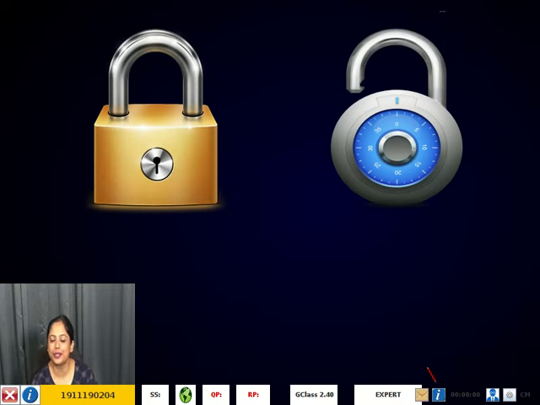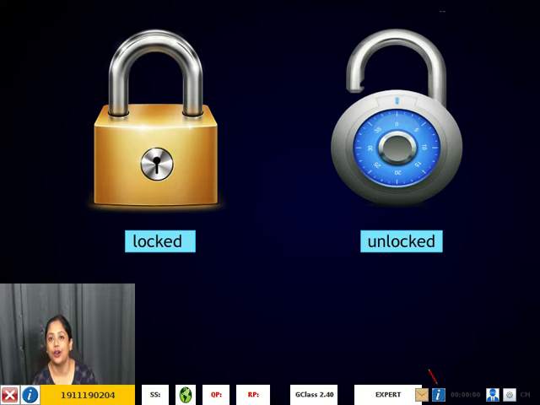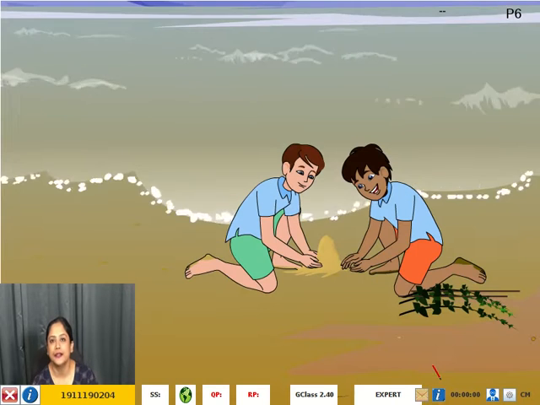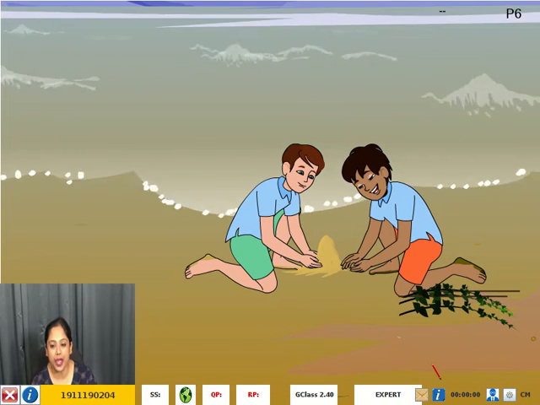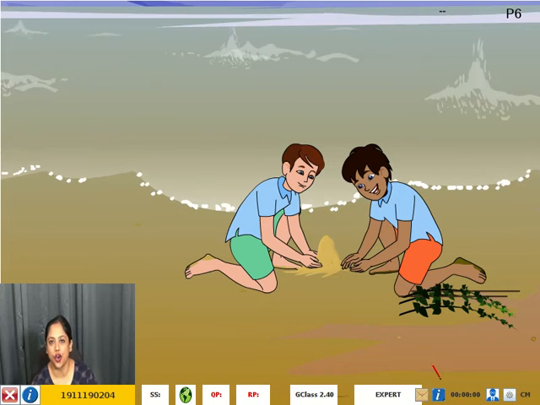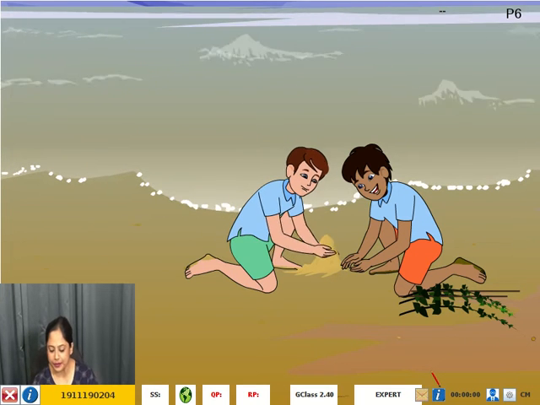Now look at these two pictures once again. On your left, what do you see? We see a lock. It is locked. On your right, we see the lock is open. So how do we say that? We say it is unlocked. UN. We use the letters UN to describe that the lock is open.